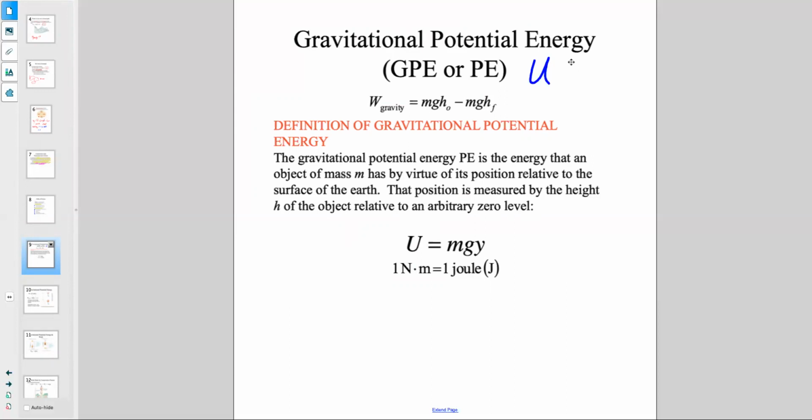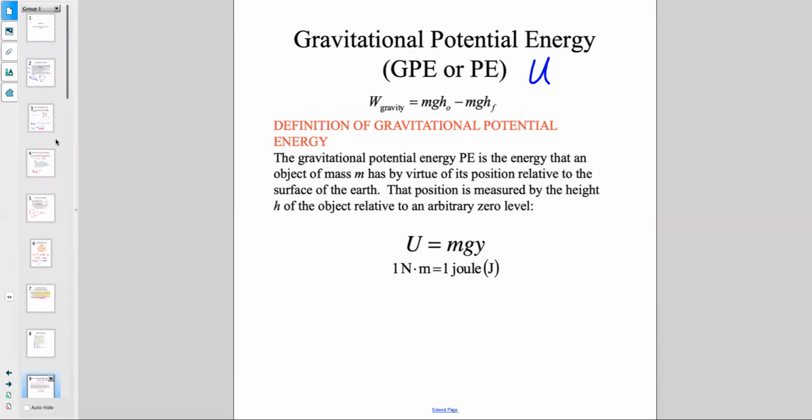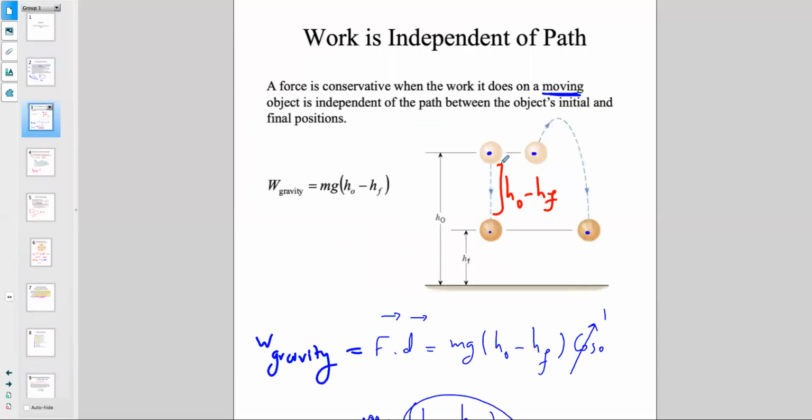As I said, the work of gravitational potential energy does not depend on the path. It does depend on the final and initial position. If you remember this basketball, it does not matter if you're starting from this point going like this in a projectile type of motion, or you're just falling straight down.